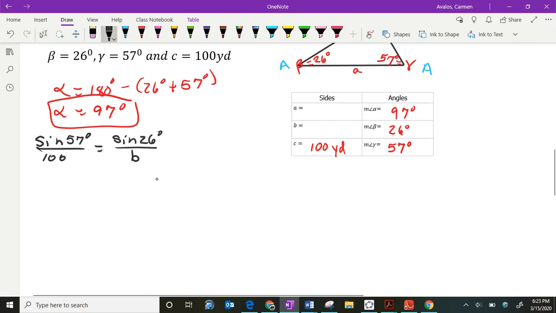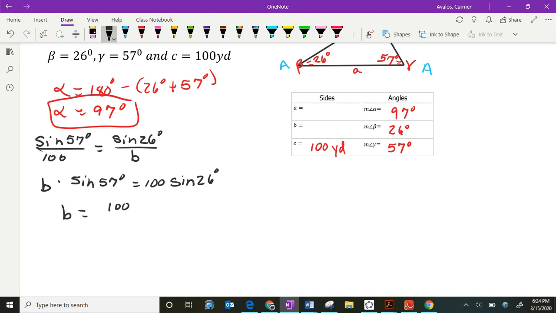So that's going to give me, I'm sorry, it's B times sine of 57 degrees is equal to 100 sine of 26. So if we do that, B is going to equal 100 sine of 26 all over sine of 57. And then you put that in your calculator and solve it. So let's do that right now.